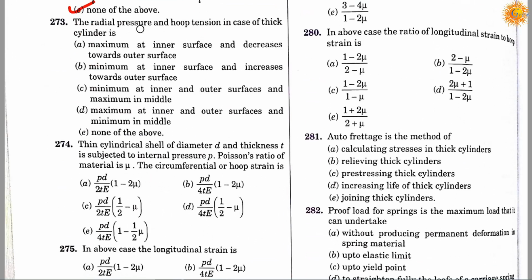The radial pressure and hoop tension in the case of a thick cylinder is: option A, maximum at inner surface and decreases towards outer surface; option B, minimum at inner surface and increases towards outer surface; option C, minimum at inner and outer surface and maximum in middle; option D, maximum at inner and outer surfaces and minimum in middle.